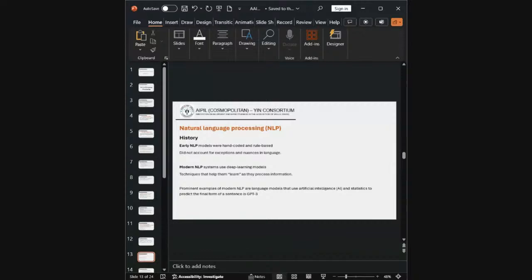We are saying here that the models were hand-coded and rule-based. When we talk about rule-based, we are remembering our rule-based chatbots and AI-powered chatbots. We talked about that. Or we say hand-coded, pencil and paper, following some laid down set of rules to create models in natural language processing.